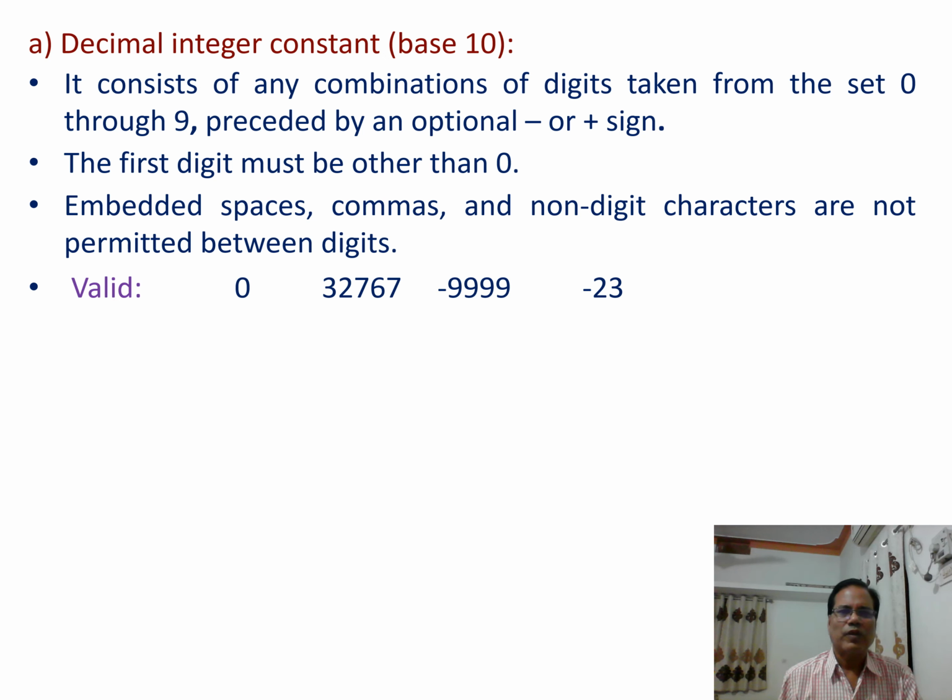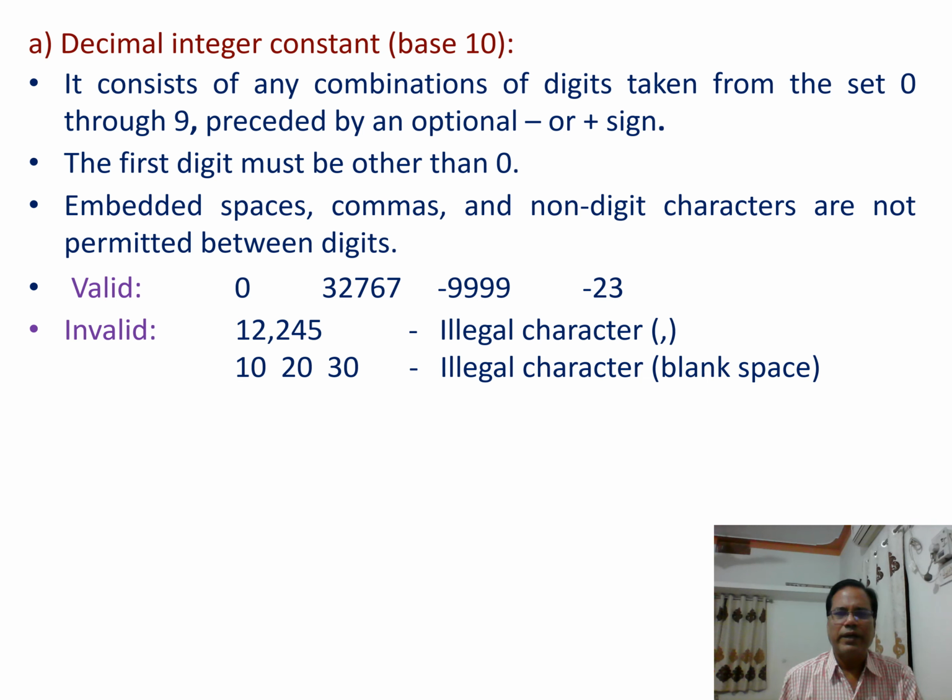Valid decimal integer constants are 0, 32,767, -9,999 or -23. Invalid decimal constants: in the first, an illegal character comma is inserted, and the second example is illegal because blank spaces exist between numbers.